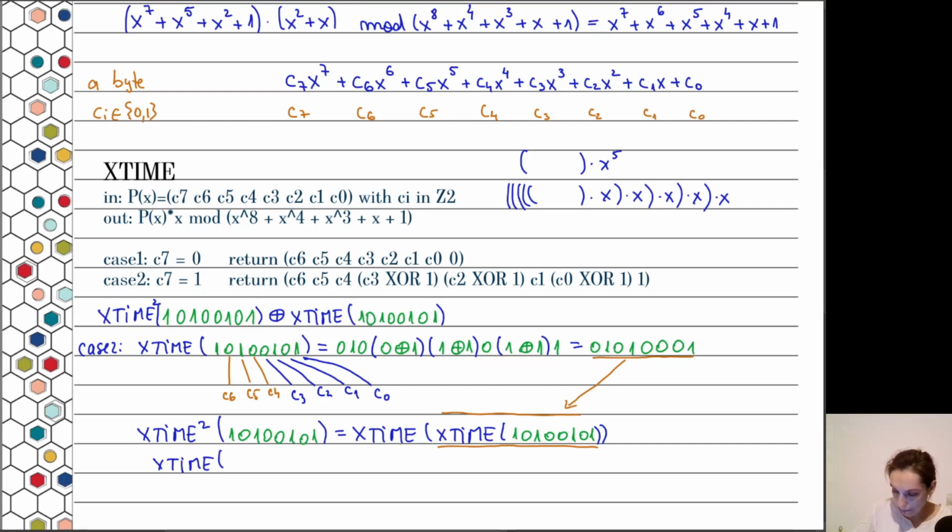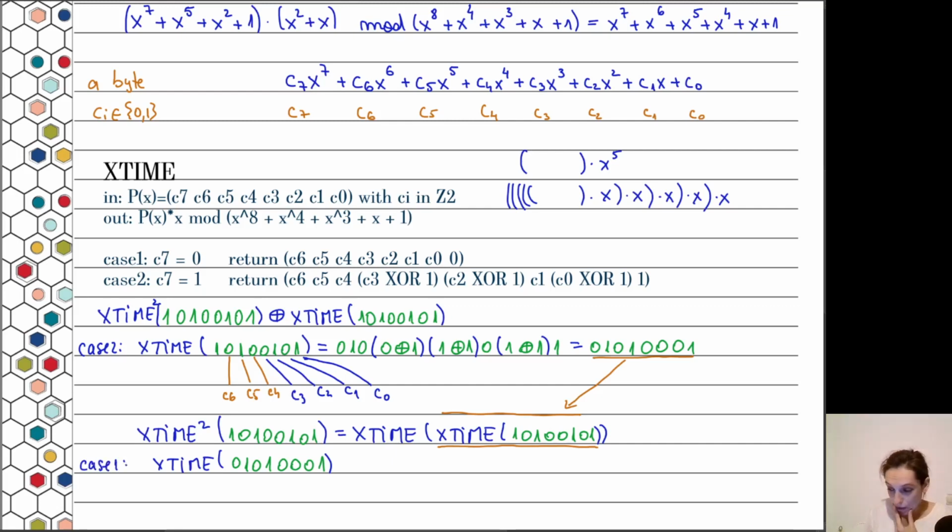So it will be 0 1 0 1 0 0 0 1. That's our new input. We are in case 1.